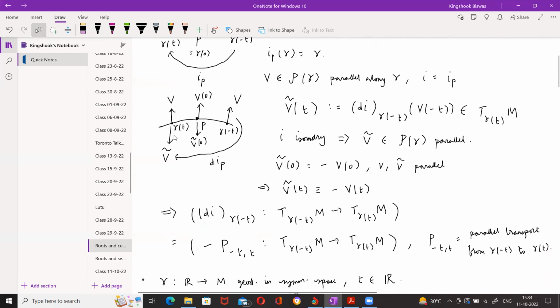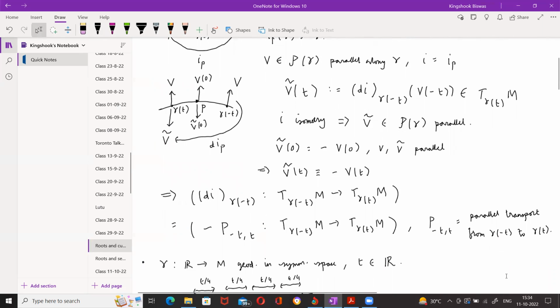But V tilde is minus of V, and V tilde is given by applying the derivative of I. That means the derivative of I is minus parallel transport. Is this clear? So this derivative of I at gamma minus t is minus parallel transport from gamma minus t to gamma t.